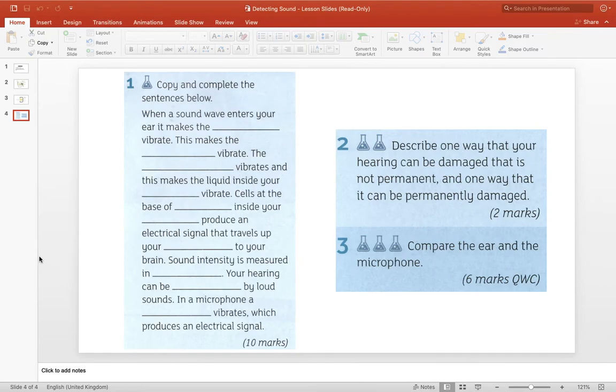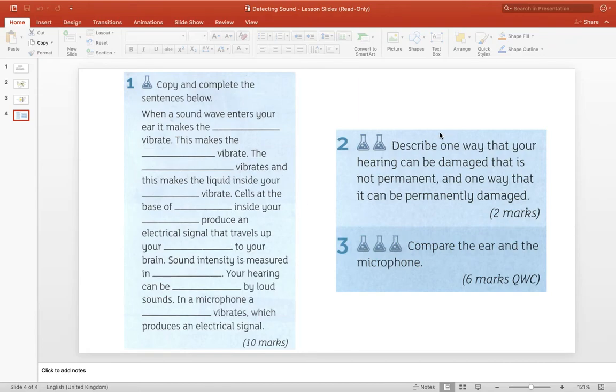So, what I would like you to do, please, is pause the video at this point, and start having a go at the questions on the screen. For question 1, you need to write out the question, filling in the gaps.